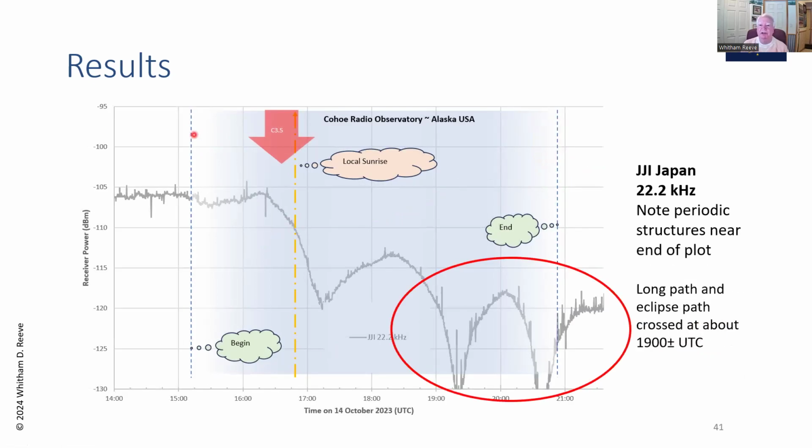Here's the Japanese plot, and for Japan, the short path would be almost exactly west of Coho. You can see what I think are sunrise and sunset effects here. The eclipse began over here on the left and ended over on the right. Again, there are some periodic structures here, and there's a real deep null at 1920 or so, 1915, and another one about an hour later, a real deep null that I can't explain.